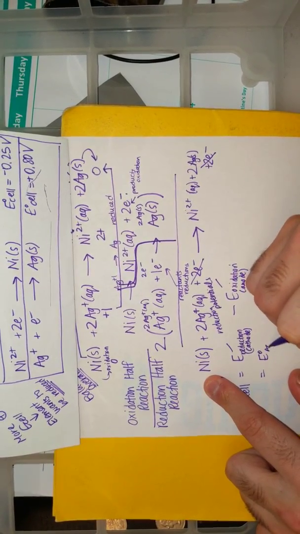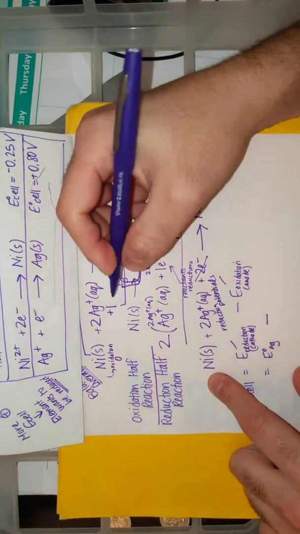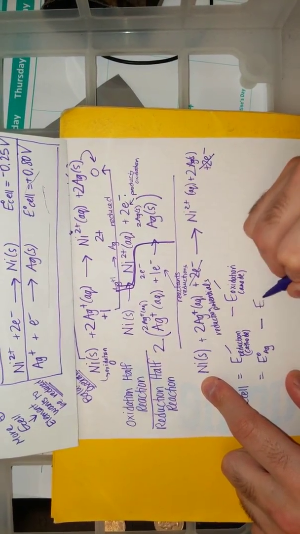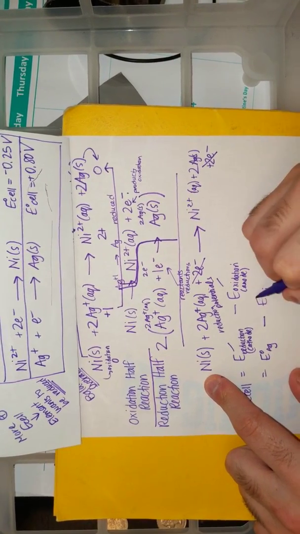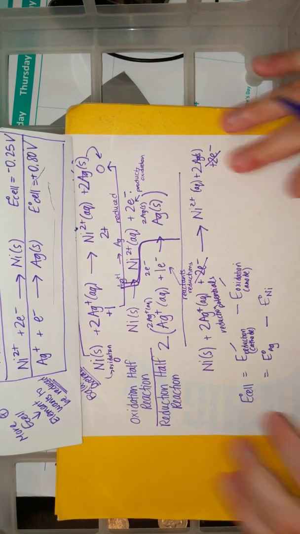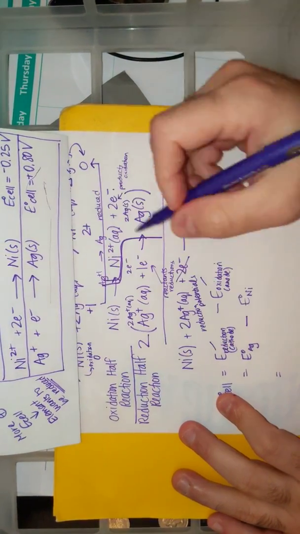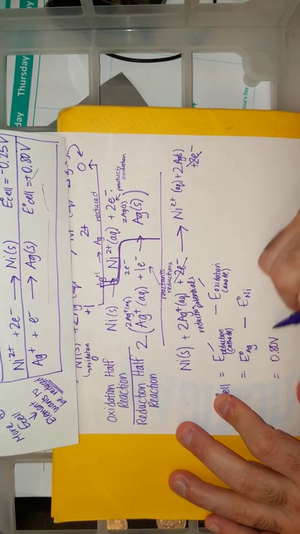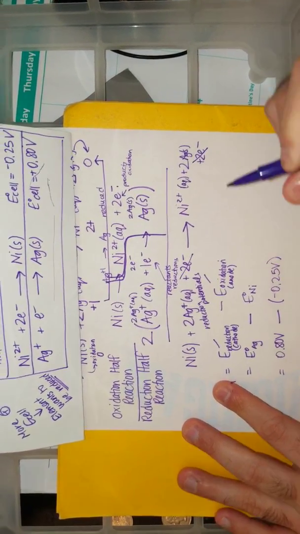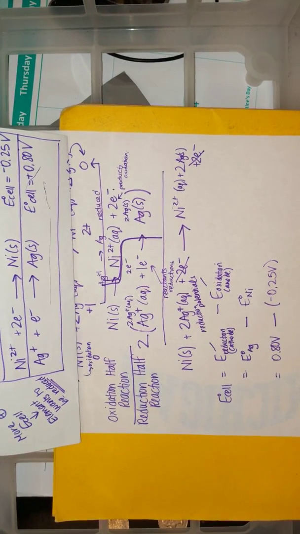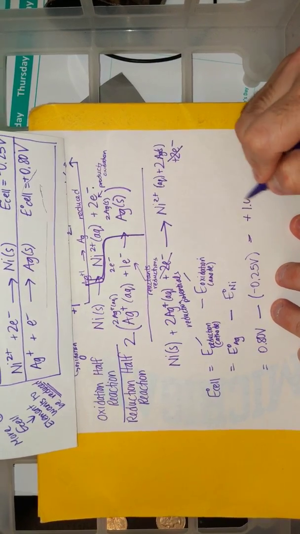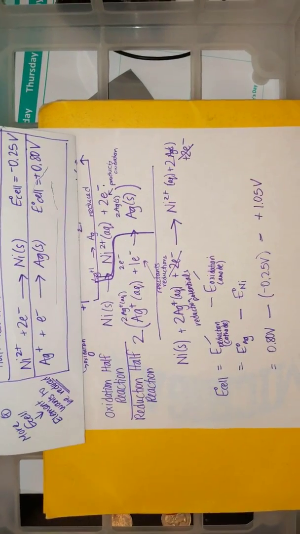So E of silver minus, since nickel's being oxidized, E of nickel. And so I just use these values that have been given to me since the beginning. So I'll do E of silver, which is 0.8 volts, minus 0.25 volts, right? I'm just plugging and chugging now. If I do this math correctly, I should get positive 1.05 volts, okay?